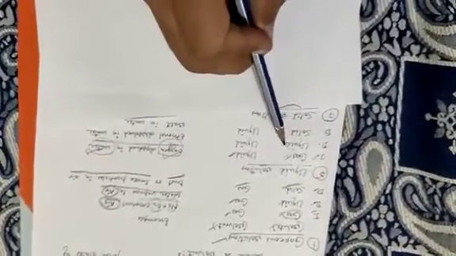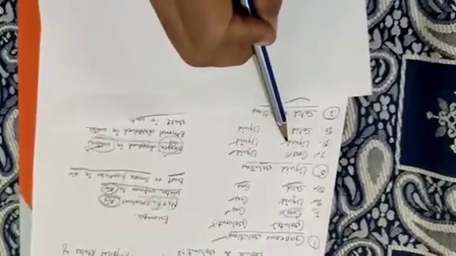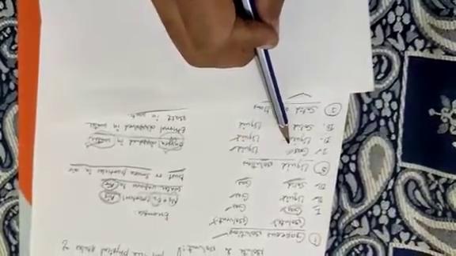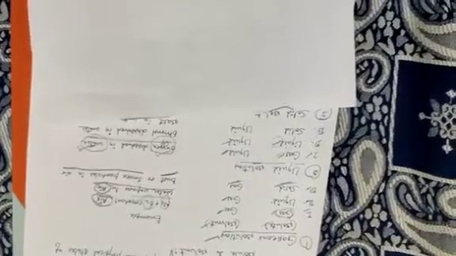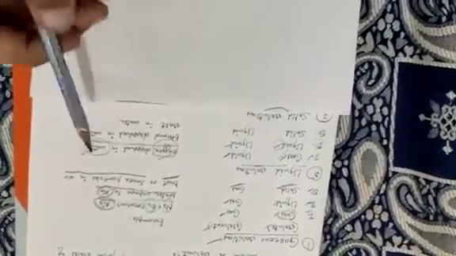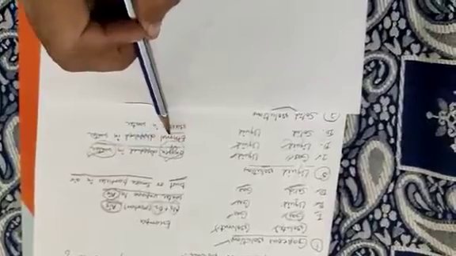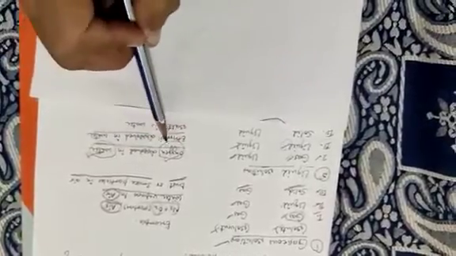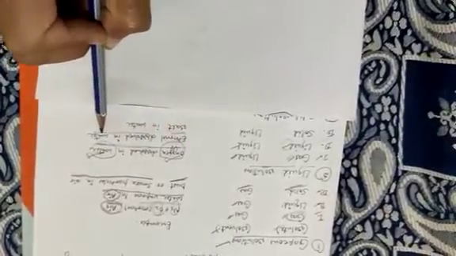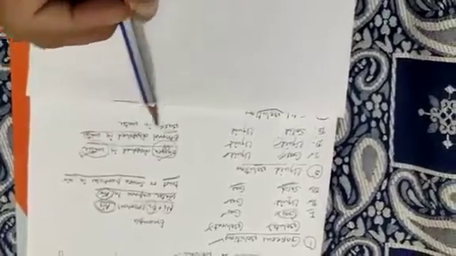The second one is liquid in liquid. Here the example is one in which the solute is also in liquid state and the solvent is also in liquid state. The example is ethanol dissolved in water. Ethanol is in liquid state and water is also in liquid state.